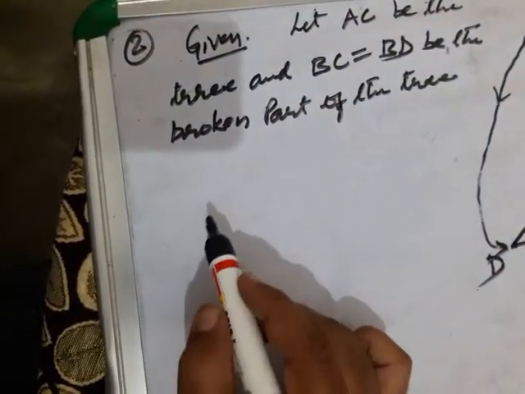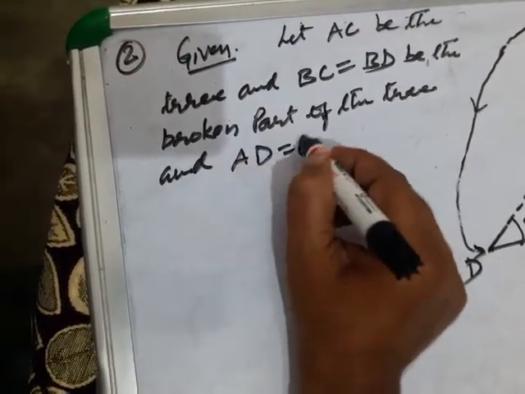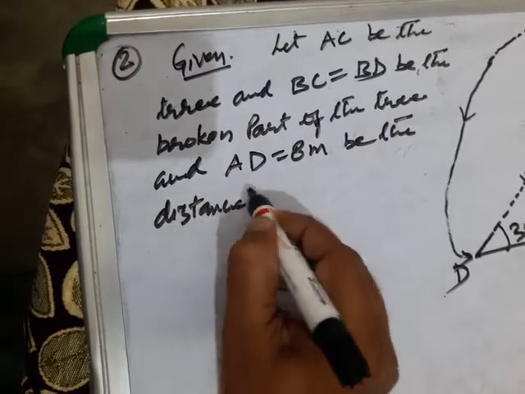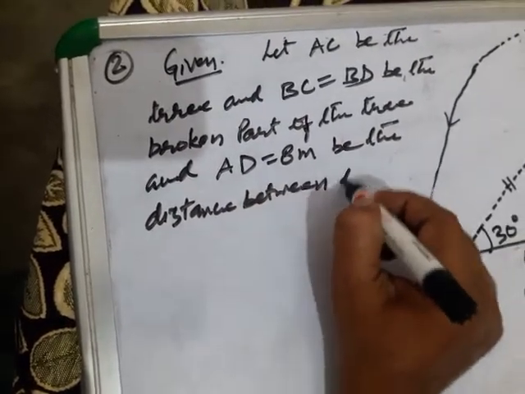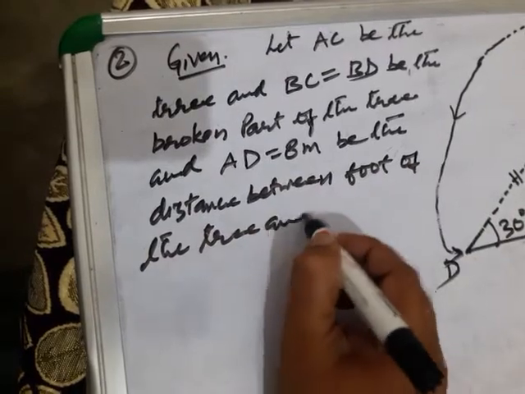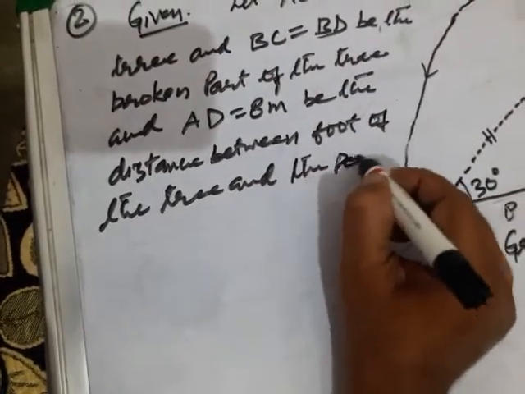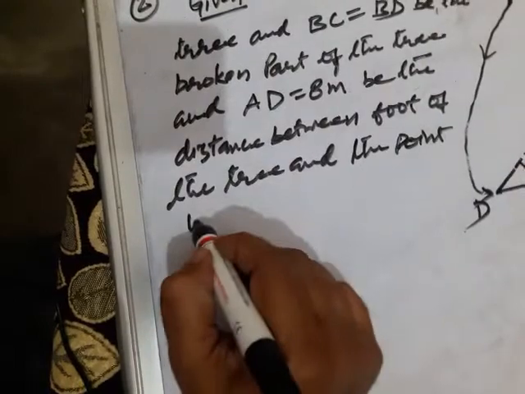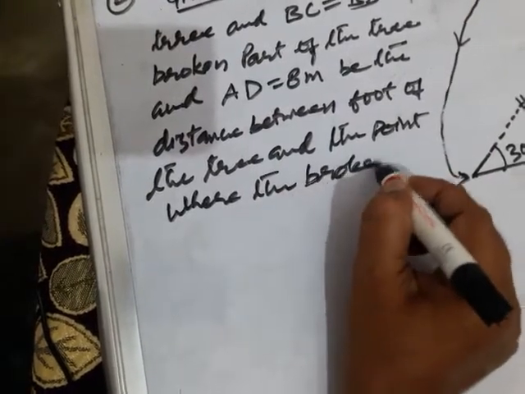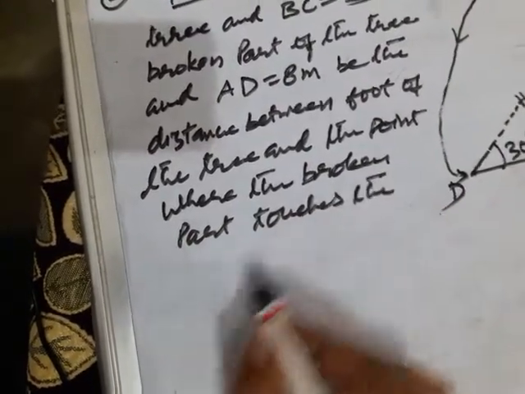And AD equal to 8 meters be the distance between the foot of the tree and the point where the broken part touches the ground.